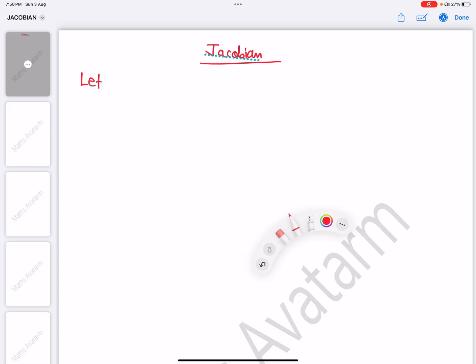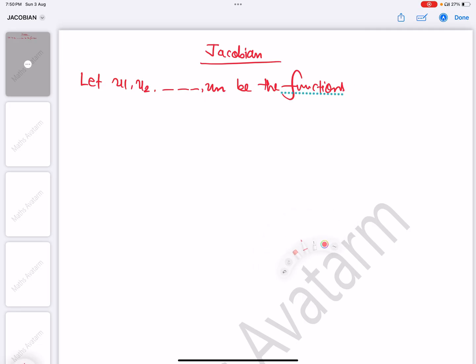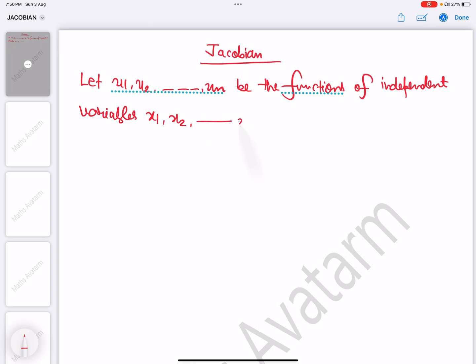So, let U1, U2, up to Un be the functions of independent variables x1, x2, up to xn.